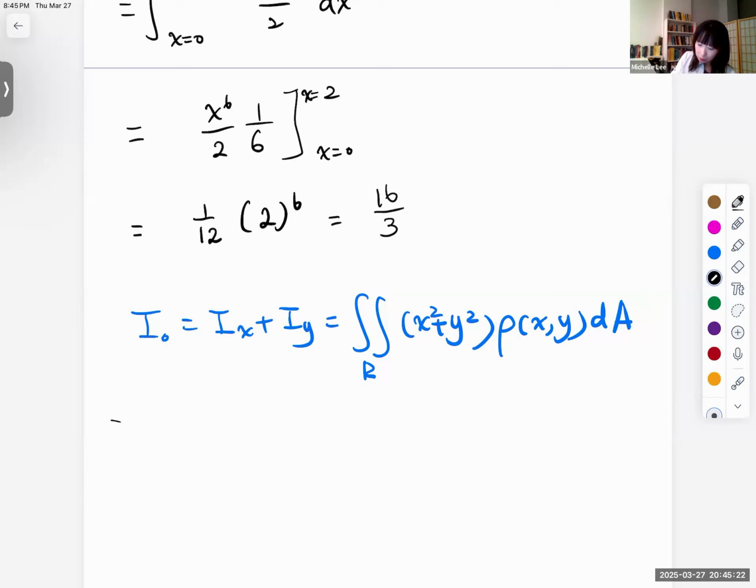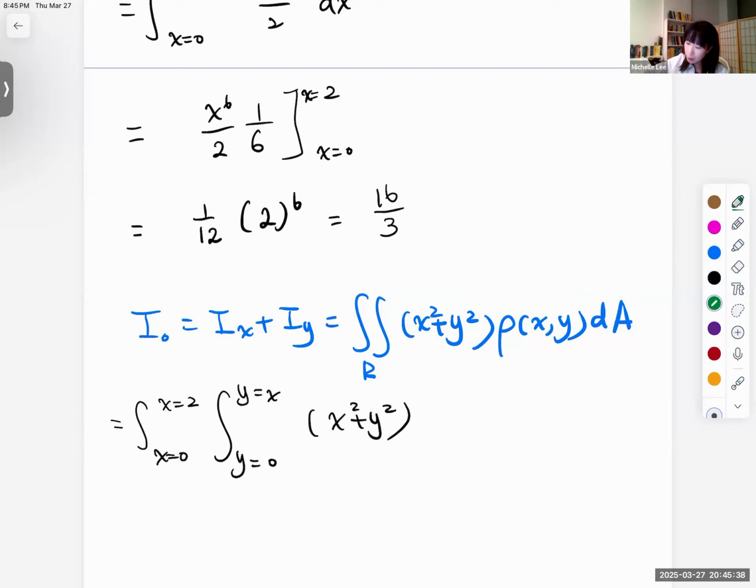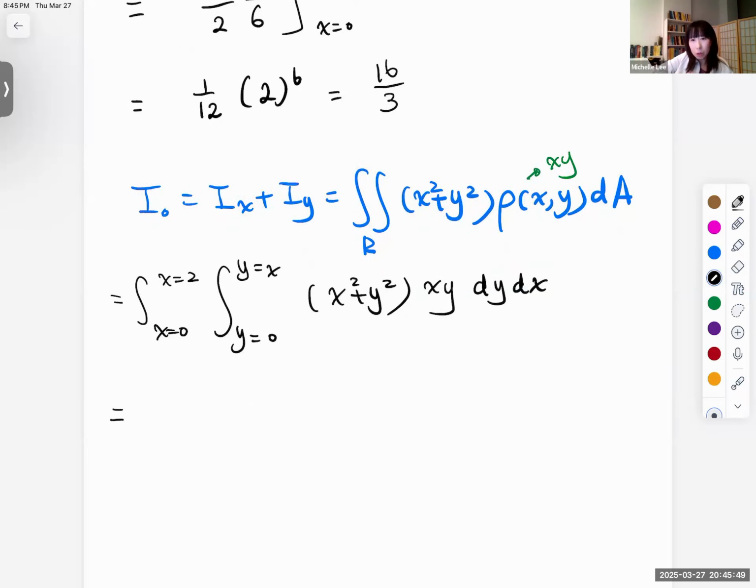So x equals 0 to 2, right? And y equals 0 to x. And then we have x squared plus y squared. And then the density function, we had xy, right? Okay, so xy, dy, dx. Let's distribute, actually multiply, with y equal to 0 to y equal to x.